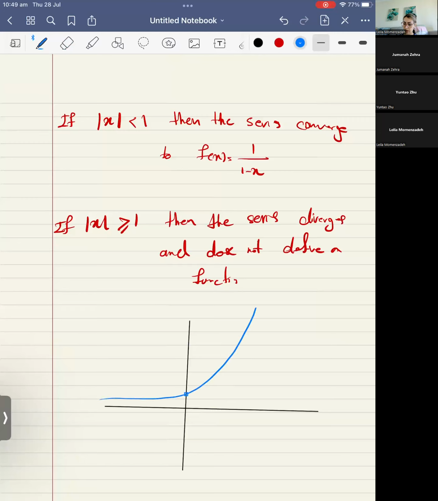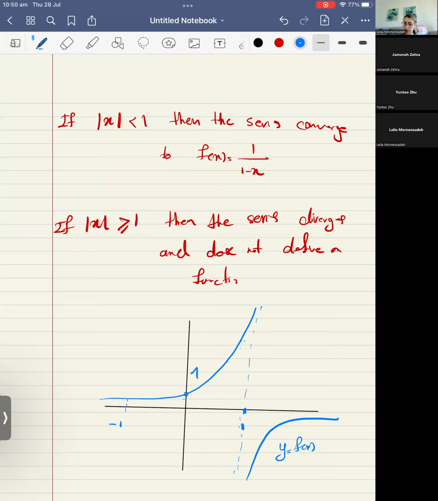This one, if I show you here, negative 1 and 1, here is 1, and y equal to f of x here.